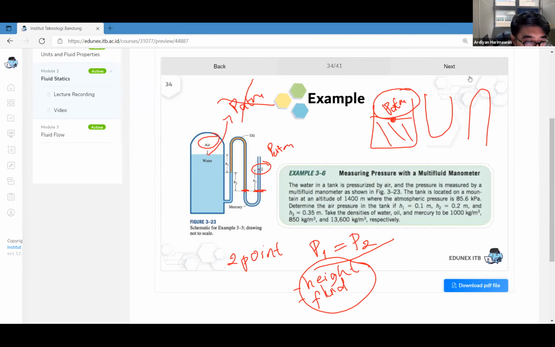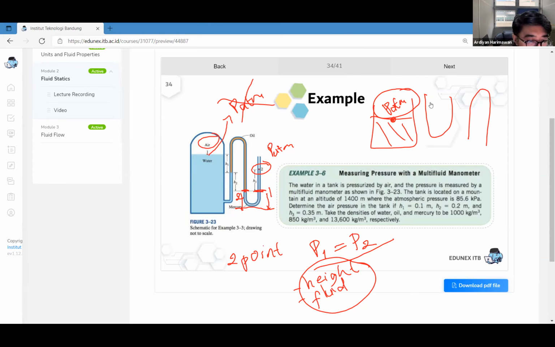Okay, so this point will have the same pressure as this point, because both are at the same height if you measure from this baseline, and point 1 and point 2 are connected with mercury.